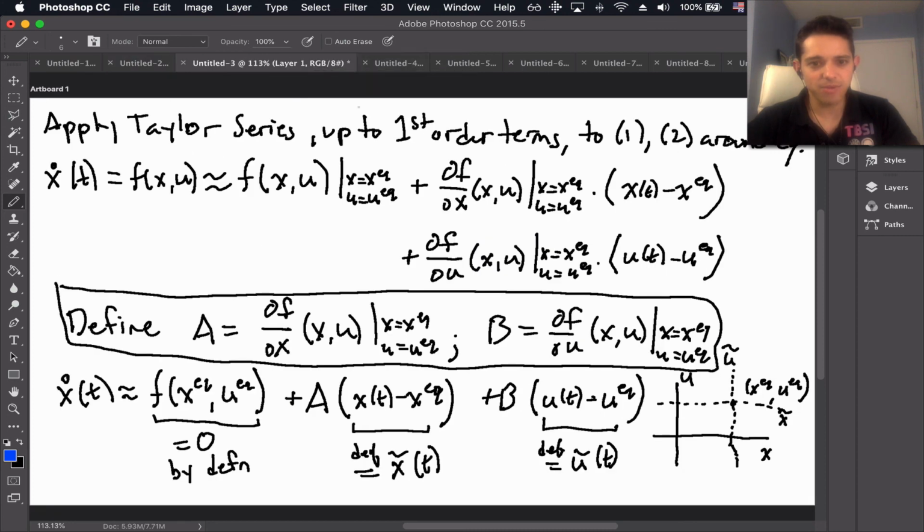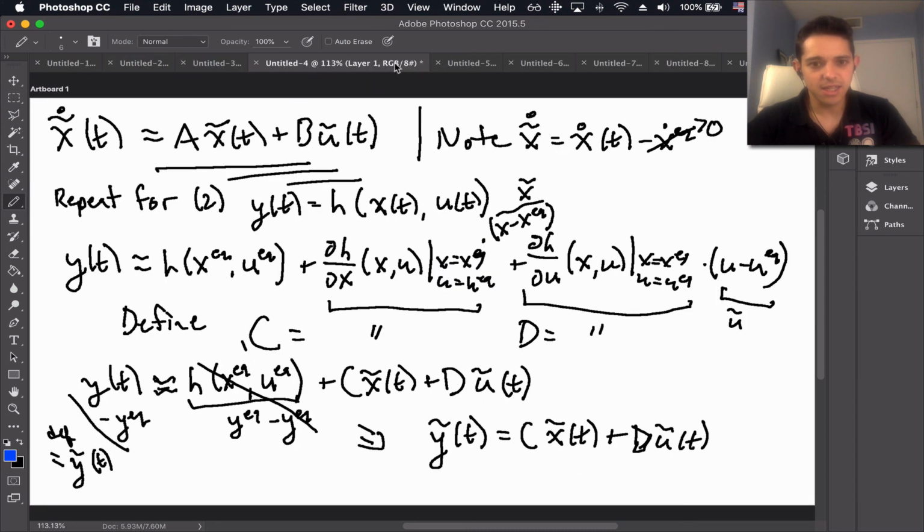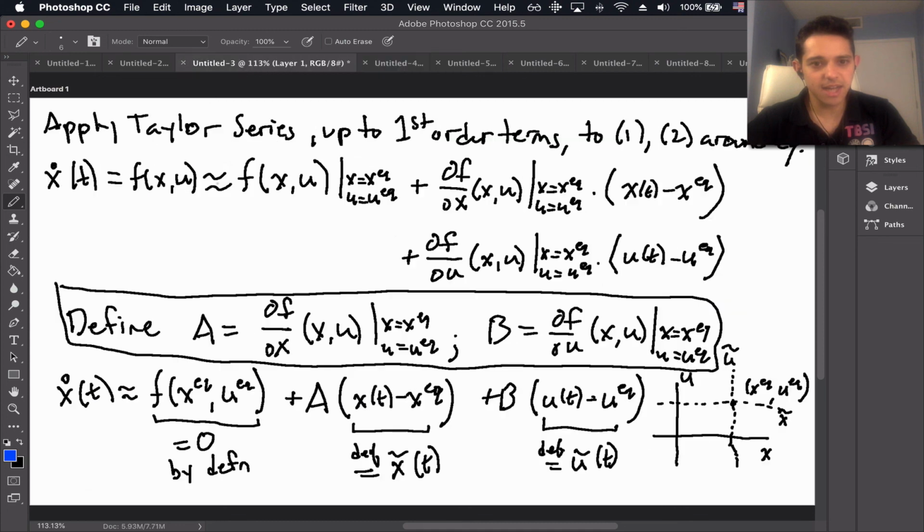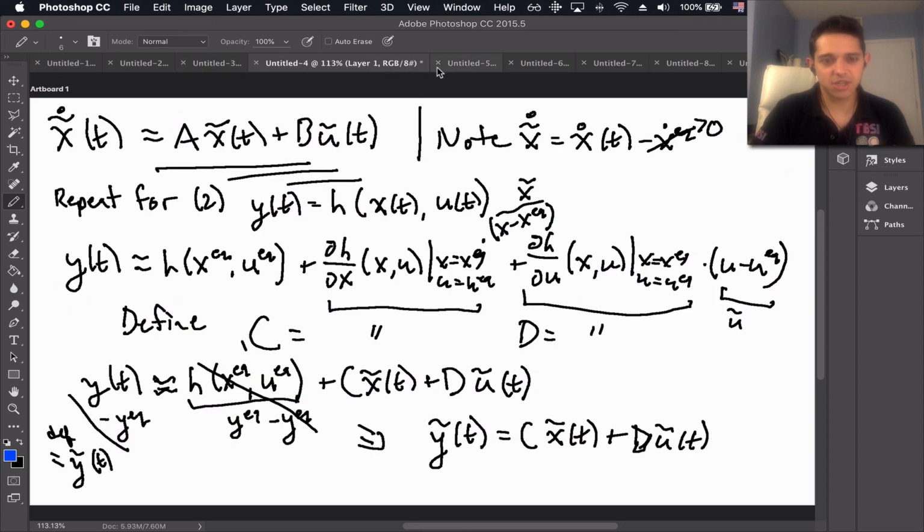In the end, what we find is that our linearized system is characterized by A, B, C, and D, and A, B, C, and D are basically given by the Jacobians of f and the output function h with respect to x and u, and that's essentially it.